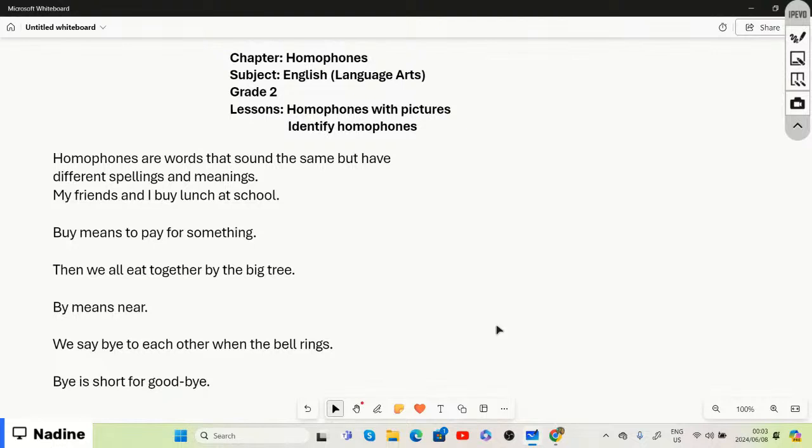All right, so our chapter is homophones. Our subject is English Language Arts, grade 2.